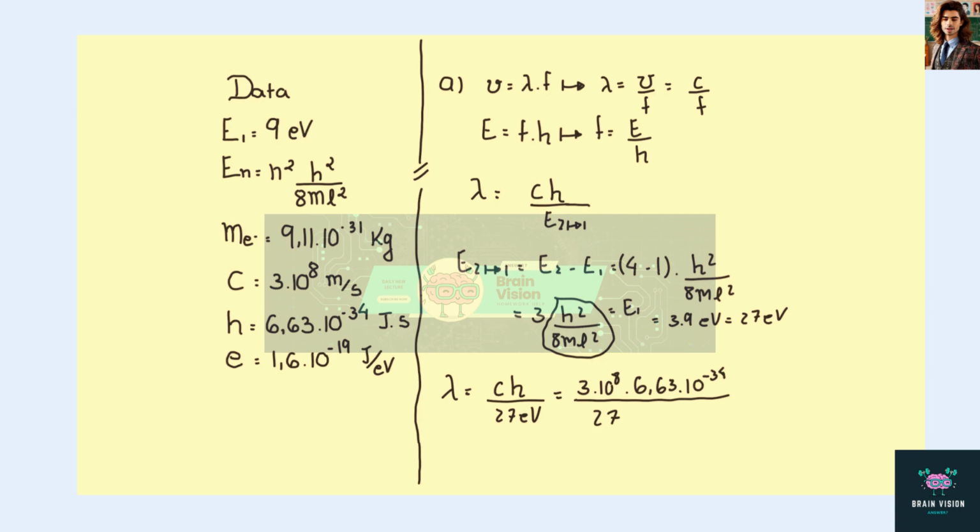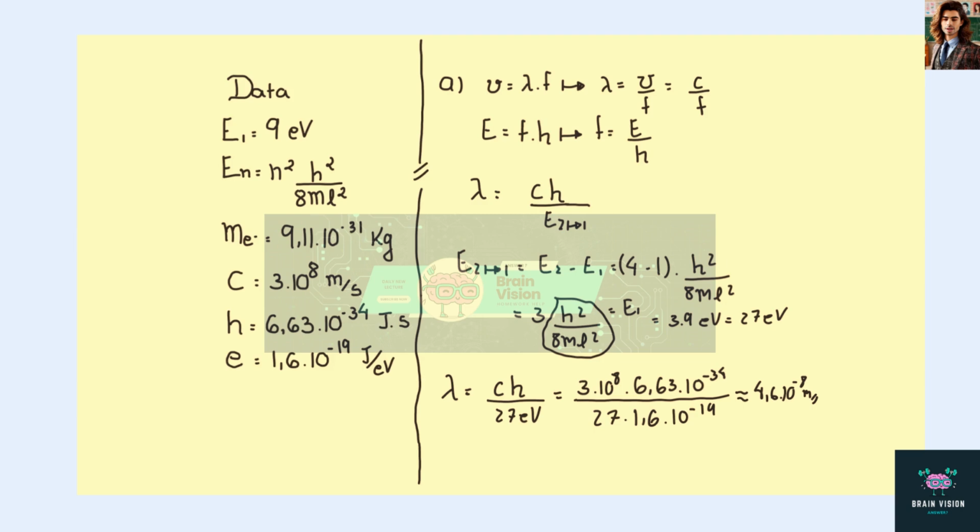So we have to convert from electron volts to joules. In order to do so, we have to multiply the energy in electron volts by the electron charge, which is equal to 1.6 times 10 to the minus 19 joules per electron volt. So we get the following: 27 times 1.6 times 10 to the minus 19. And finally, this is approximately 4.6 times 10 to the minus 8 meters. And this finishes the first item.